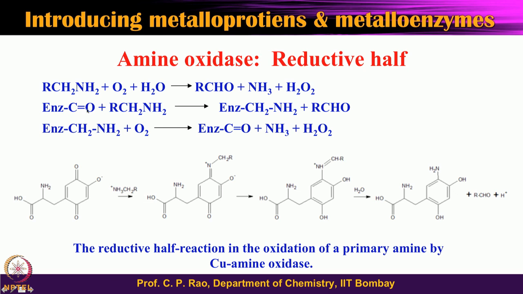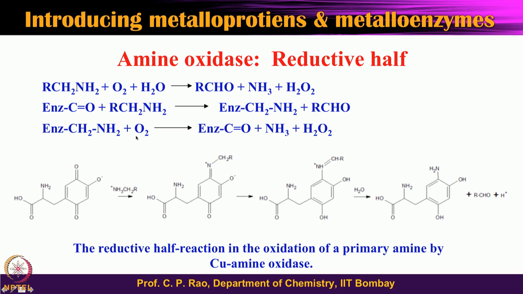First half, the enzyme-based carbonyl reacts with the substrate amine to form the Schiff base, which is a very popular reaction, and oxidizes the amine to convert it into aldehyde. So, this is obviously an oxidative reaction, but this is only half of the reaction, because at this stage the enzyme is reduced.